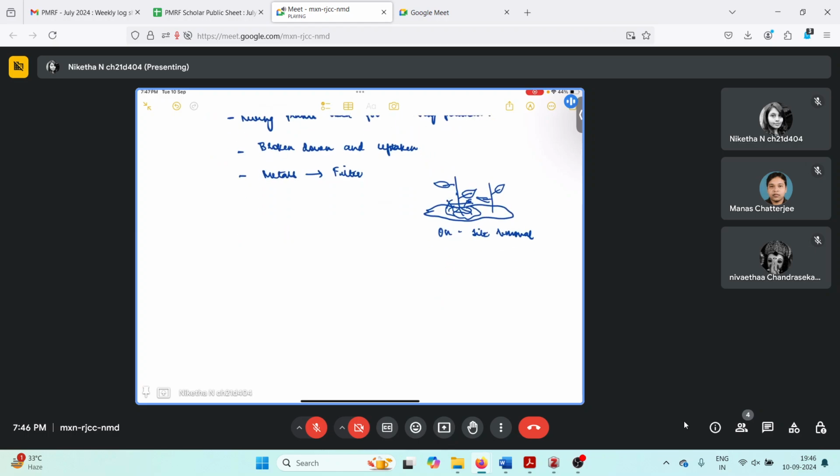So here we will have two important terms, which is bioconcentration factor, which we have discussed in the earlier classes, and then we have the translocation factor. So translocation factor is given by the ion concentration in the stems or leaves, which is given in terms of micrograms per gram.